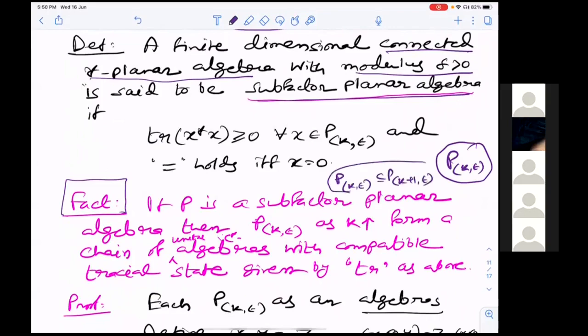It is a chain of unital star algebras, in fact, and the trace is compatible. I mean, you have this inclusion, so trace k plus 1 of this, if you restrict here, will be the same. So you have a compatible trace.